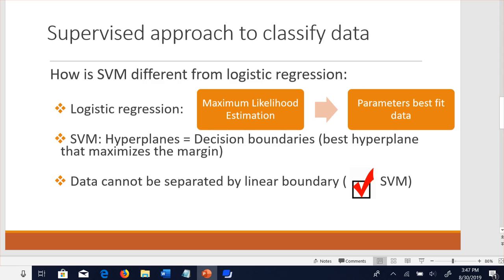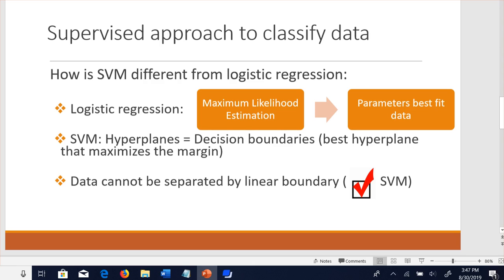Even though they are both supervised ways to classify data, support vector machine is distinctively different from logistic regression. Logistic regression uses maximum likelihood estimation to find the parameters that best fit our observed data.